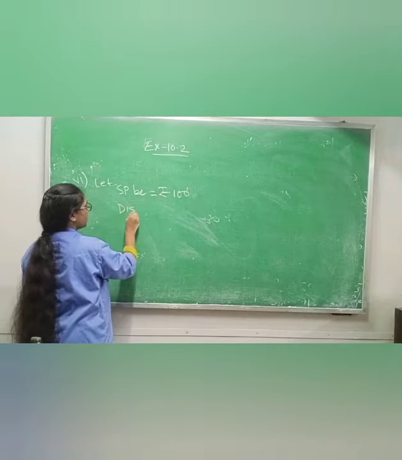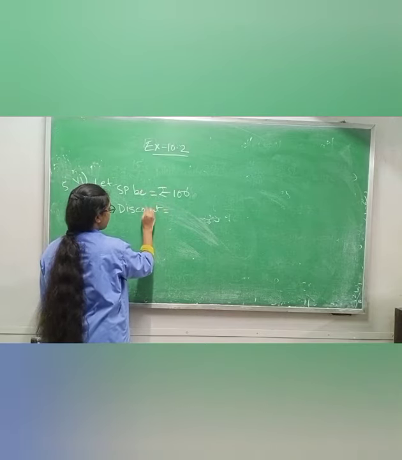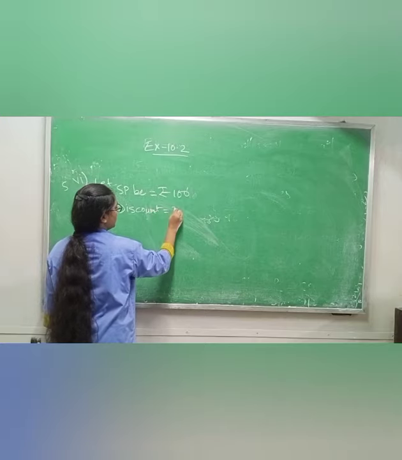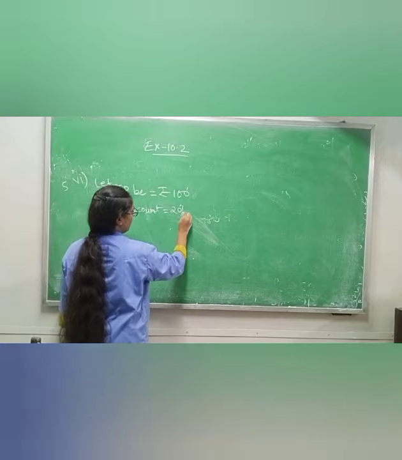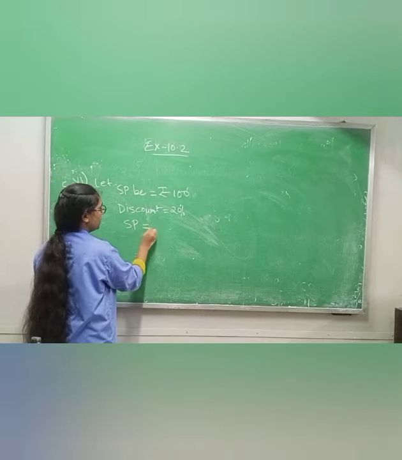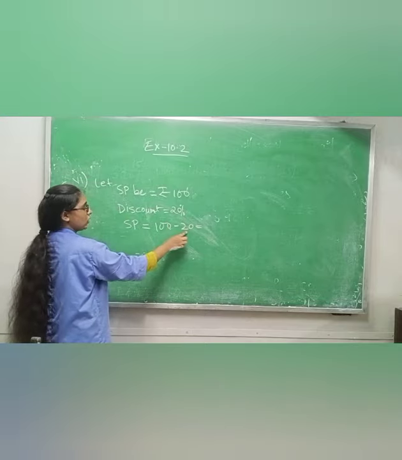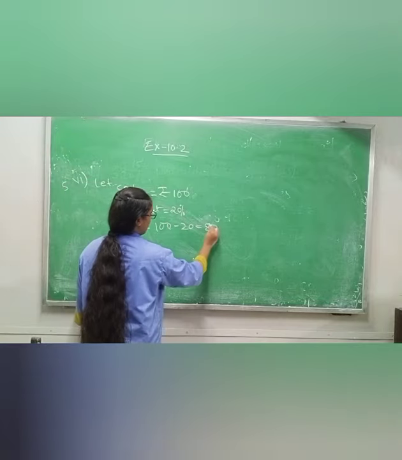The first discount percentage is 20%. Therefore the new selling price will be 100 minus 20, because they are giving a 20% discount, which is 80.